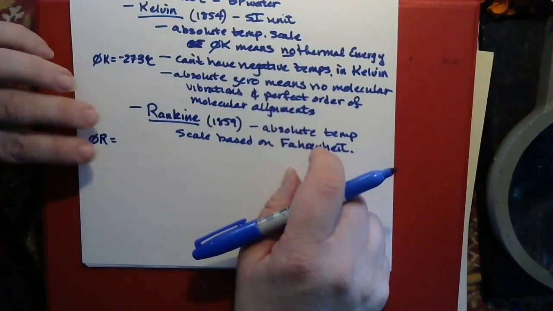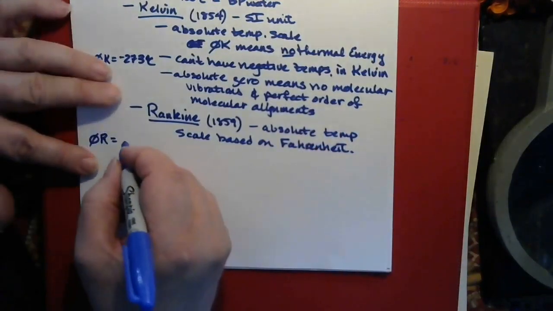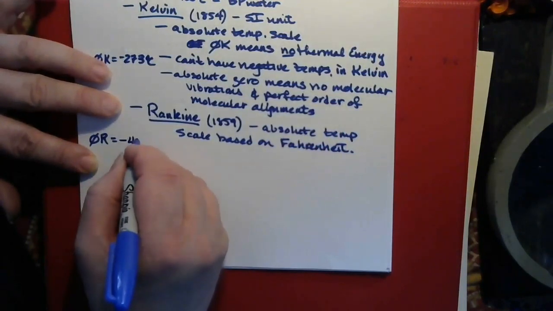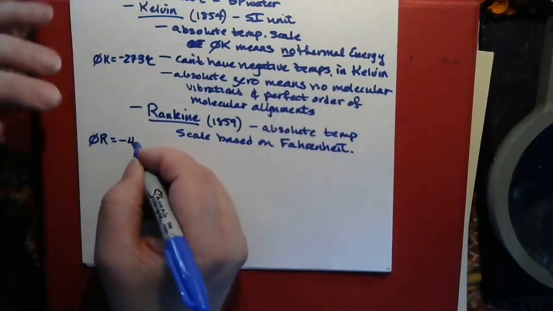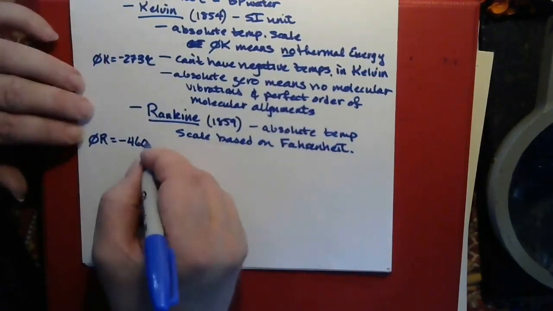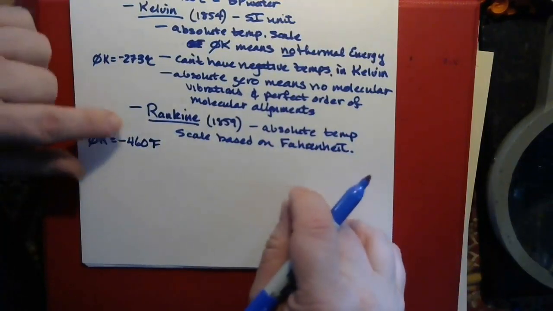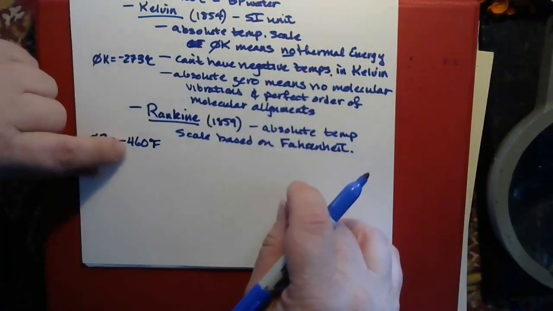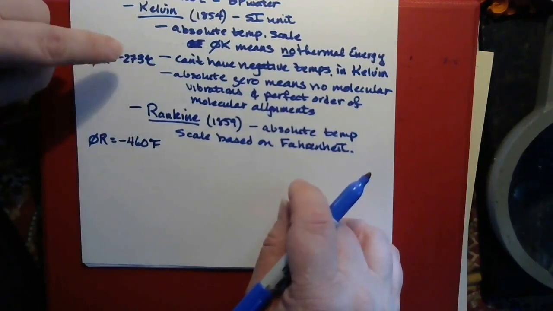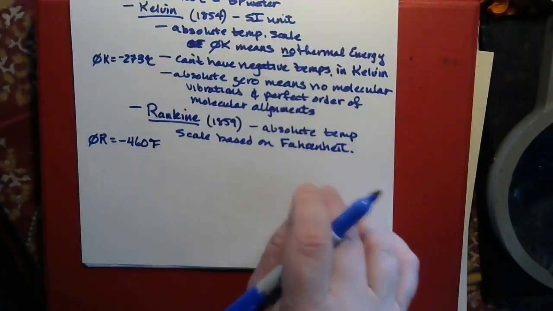But the way it was first calculated is according to the Fahrenheit scale, and that would be negative 459.67. So I'll call that negative 460 degrees Fahrenheit. And that means also, by transference, of course, that negative 460 Fahrenheit is the same as negative 273 Celsius.